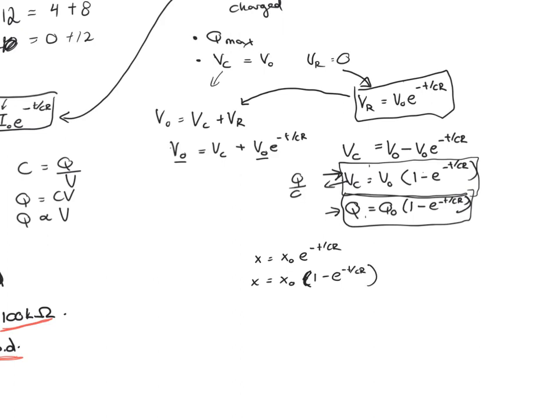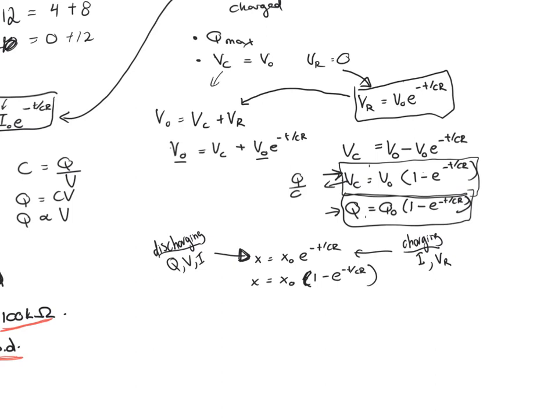So this one works for all the discharging equations, so for Q, V, and I. But for charging, it is only for the current in the circuit and for the potential difference of the resistor.